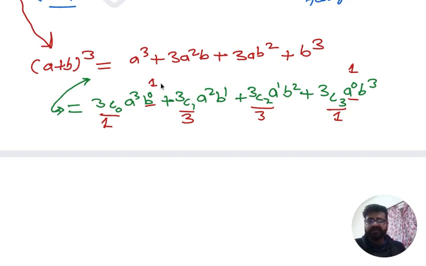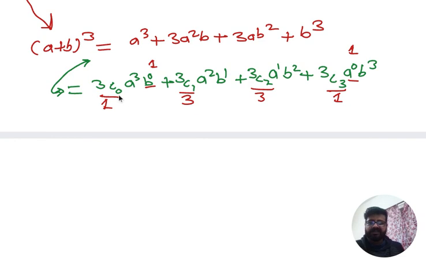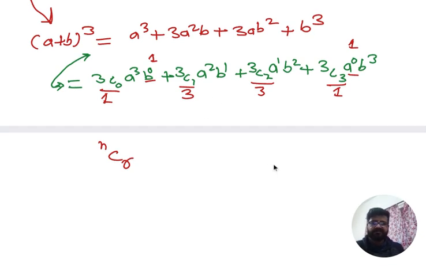So I can write this in this format. Now you will see this is the value of r. In the previous class I told you that in combination the upper value is n and this is r. Now if I generalize this term, I will generalize it in this way.